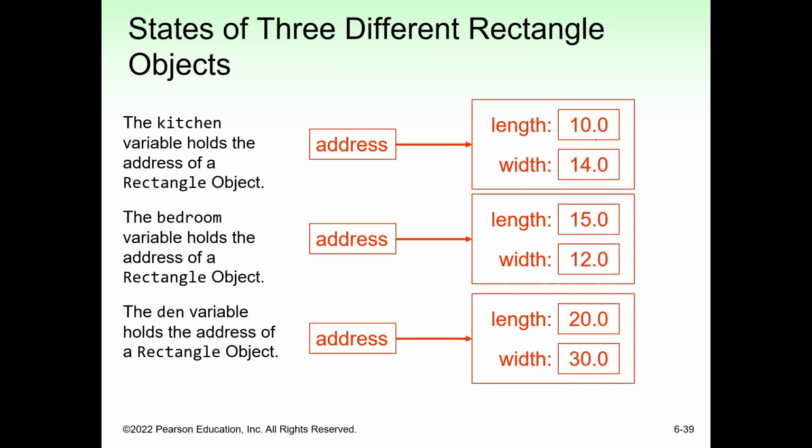For the kitchen, the length can be 10 and width 14. For bedroom, the length can be 15 and width 12. And for den, the length can be 20 and width 30. These are all very different rooms, but essentially they all come from the same class called rectangle. And that's the point of making your classes.